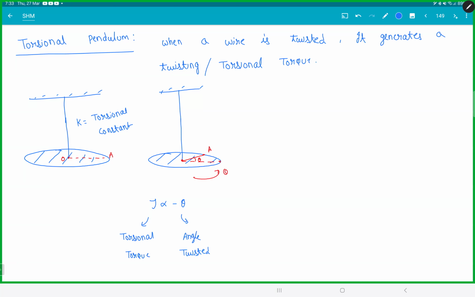Angle twisted. So we get torque is equal to minus k theta. This is equal to I alpha. Then as usual, your SHM will come and say this is your SHM there. That's your omega square. Therefore, the time period is given by 2 pi root over I by k. K is your torsional constant. So K tells you how difficult it is to twist a wire or a cylinder.